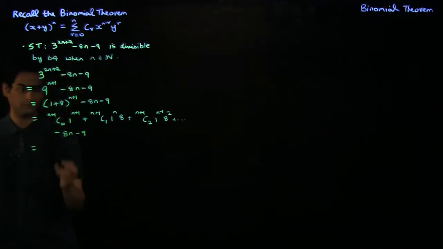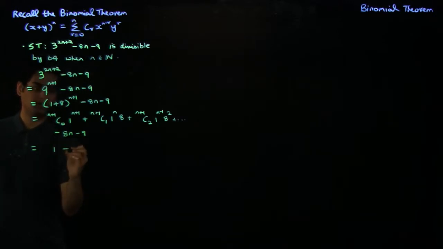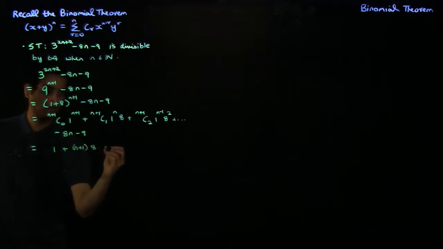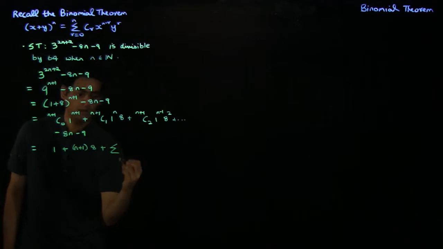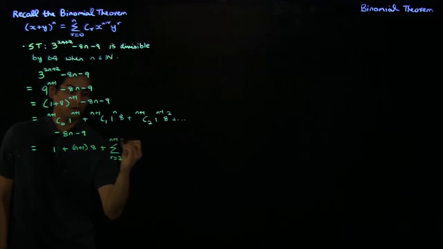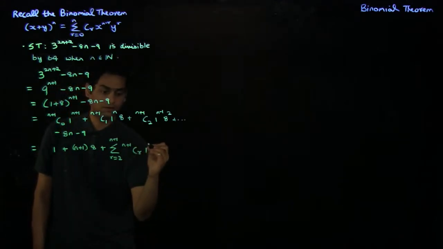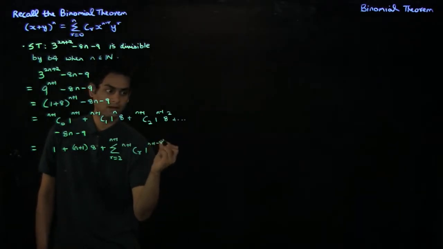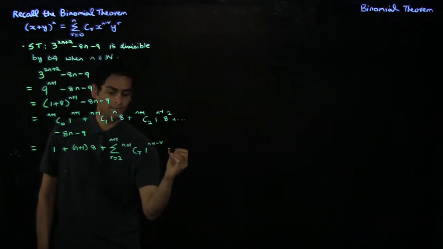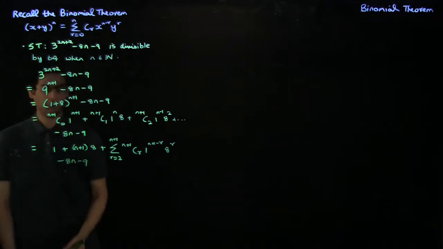So let's see how this simplifies. The first term is 1. The second term is n plus 1 times 1 times 8. And the remaining terms can be succinctly written as summation r = 2 to n+1 of Cr 1^(n+1−r) 8^r. And you still have to subtract 8n and 9 from this expression.